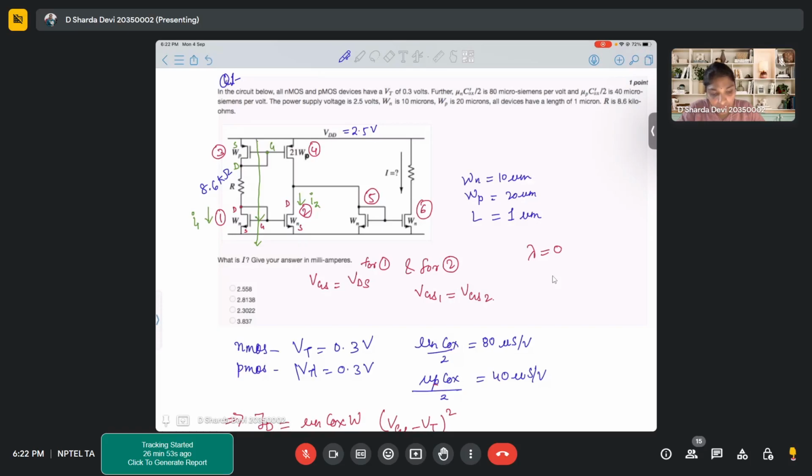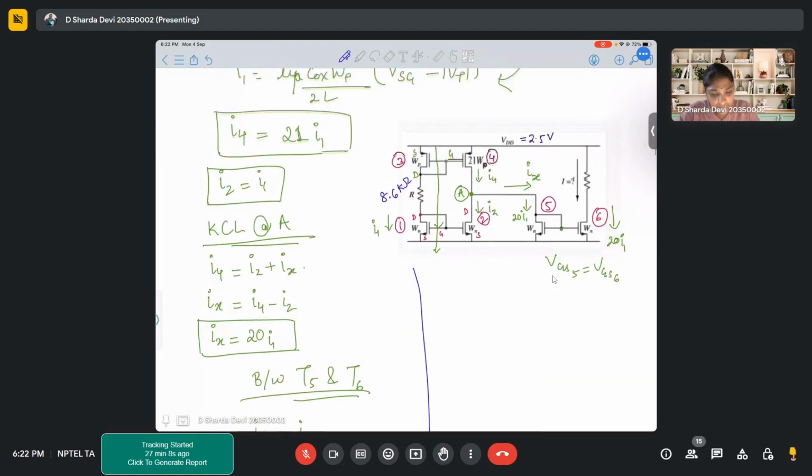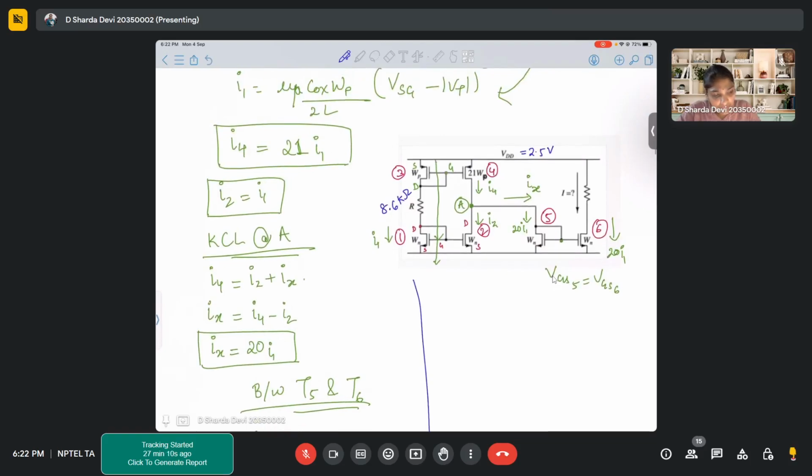Excuse me, ma'am. Can you please repeat the thing I lost in between, where we had taken Ix kind of current? So this Ix is flowing through both branches. So see, what I said is I4 is coming from your transistor 4.